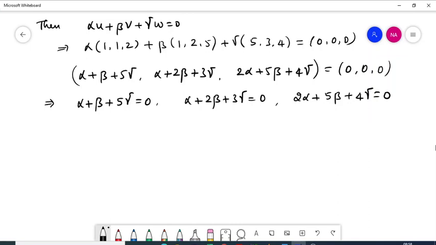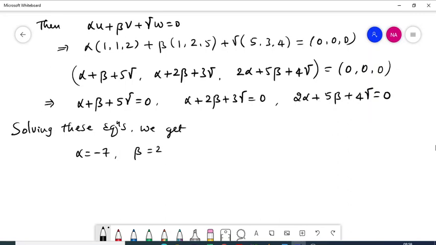Solving these equations, we get alpha to be minus 7, beta to be 2 and gamma to be 1. Thus U, V, W are linearly dependent.